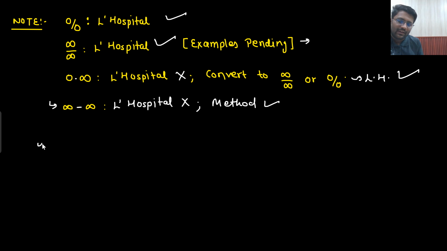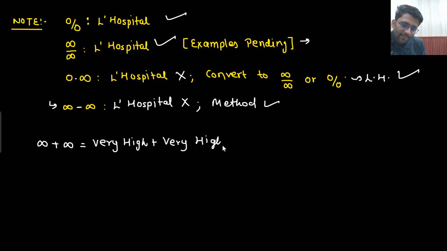Now let's talk about infinity. So infinite plus infinite, what would that be? Very high value plus very high value, or you can do it in this manner, 1 by 0 plus 1 by 0. It is simply very high value plus very high value, so it will become very high value only. So that will become infinity only.